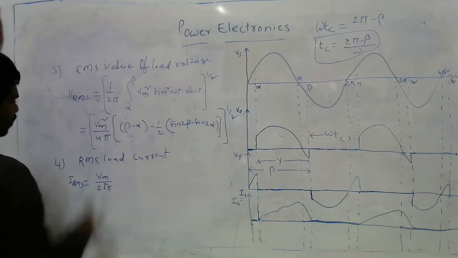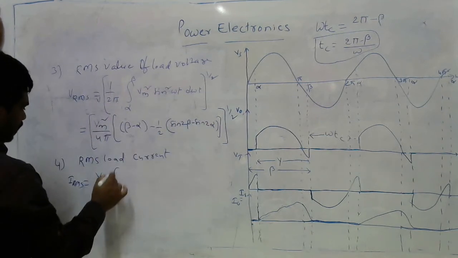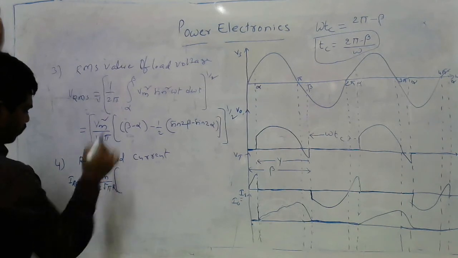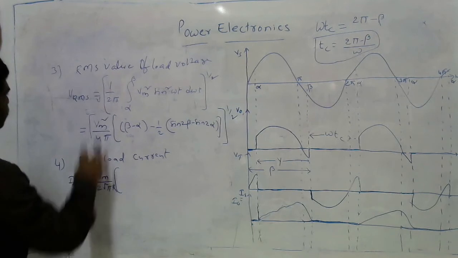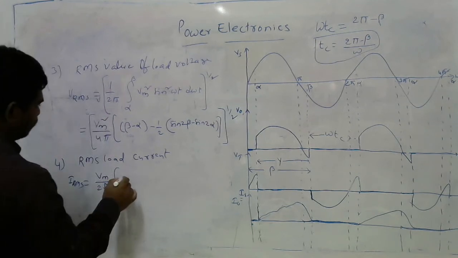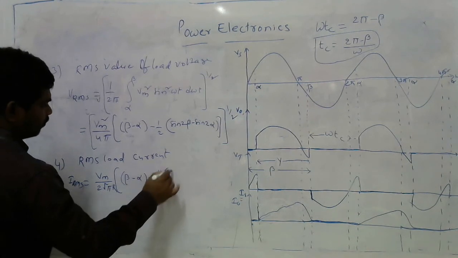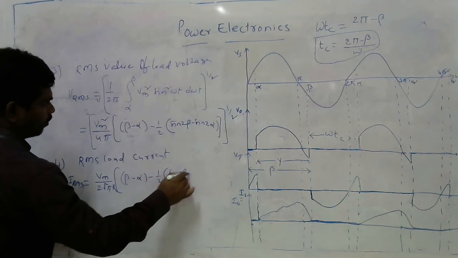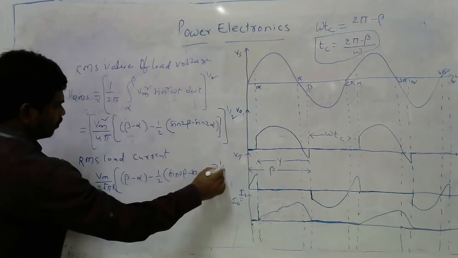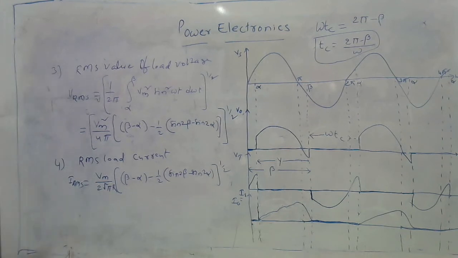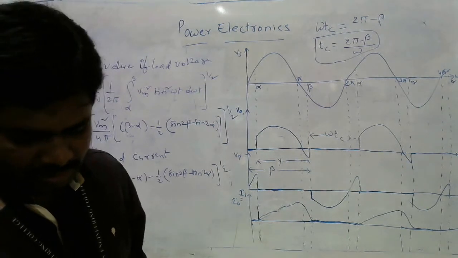I am just taking this term outside the total bracket, keeping the same bracket and including R over here. This becomes IRMS. There is a difference between VRMS and IRMS. Then write everything else the same: minus 1 by 2 of sin 2 beta minus sin 2 alpha, and then root. So these are the things to be remembered for the calculation of VRMS, IRMS, VAVG and IAVG.